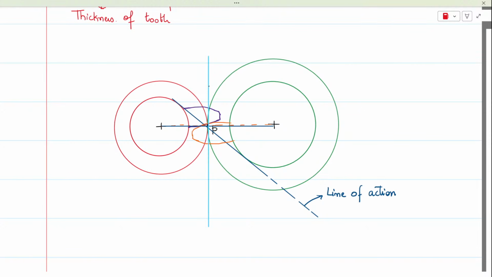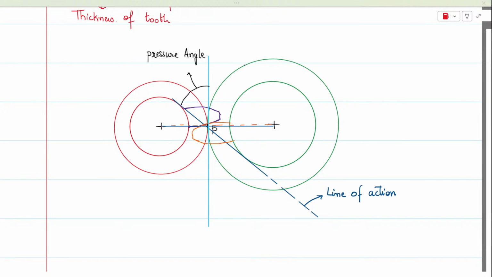The angle between the line of action and the normal to the line joining centers is called the pressure angle.